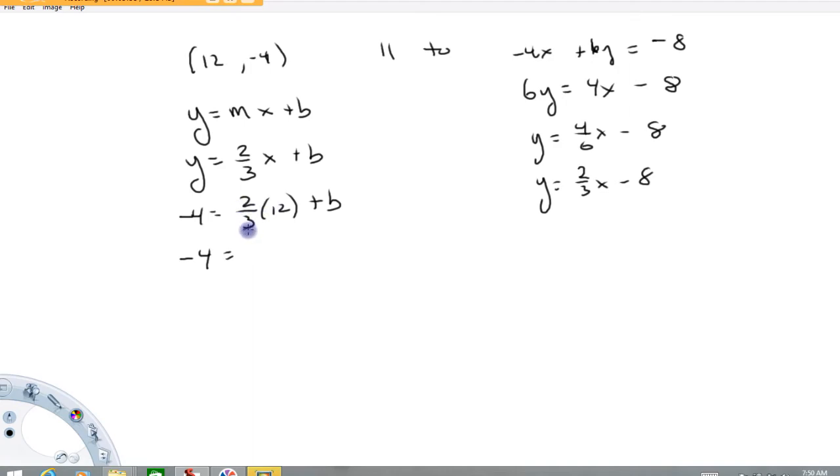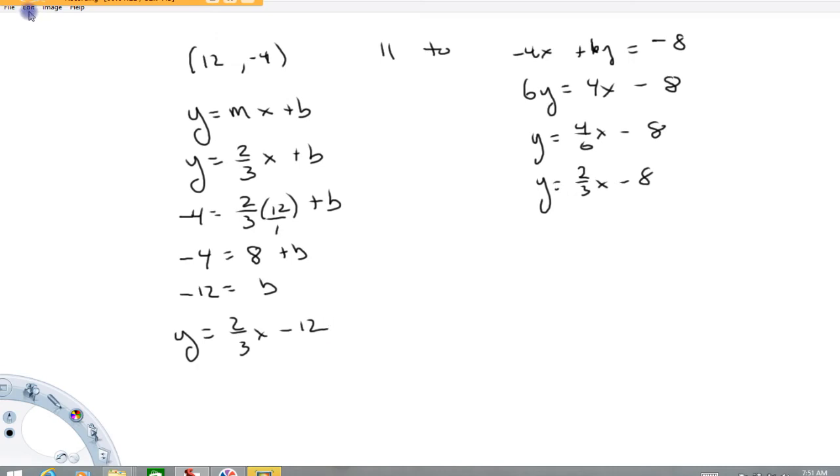So 2/3 times 12, and 12 you can think of as 12 over 1, so 12 over 3 is 4 times 2, 8. And now we'll subtract 8 from both sides. So the equation of the line we're looking for is y equals 2/3 x minus 12, and that one's done.